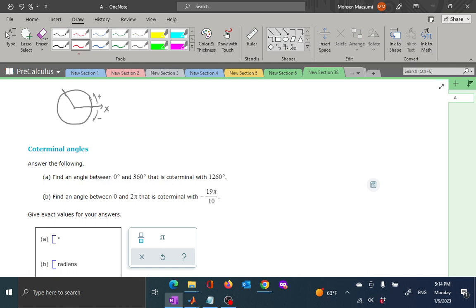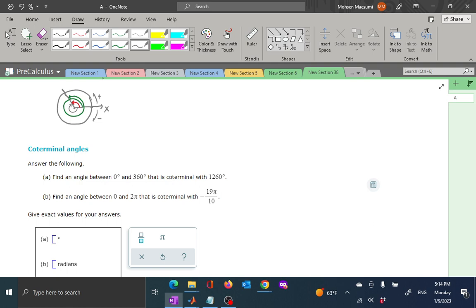For example, if I just simply go from here to here, that would be easy. If instead I go turn around an entire circle and then come back to this location, then the red and the green are going to be called coterminal. To make the matter worse, a third person could travel this way and end up at that location, and that one is also coterminal with the first two.